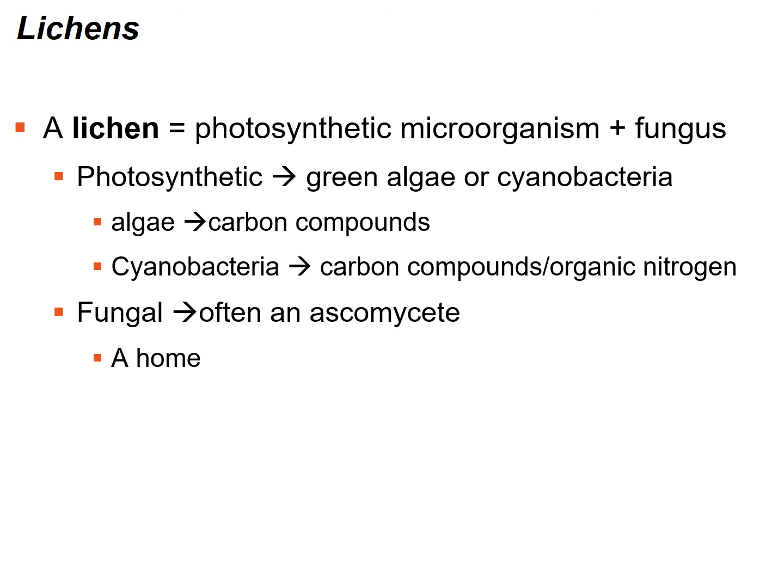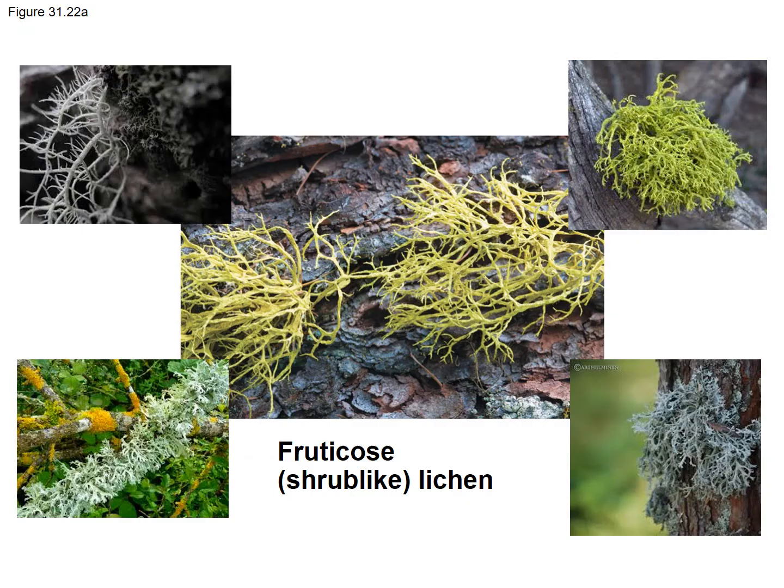Now, for lichen, the fungus is more often than not a fungus that belongs to the Ascomycota phylum. There are 3 major macroscopic forms of lichen described in your textbook. We've got the fruticose form, which looks more like a shrub.